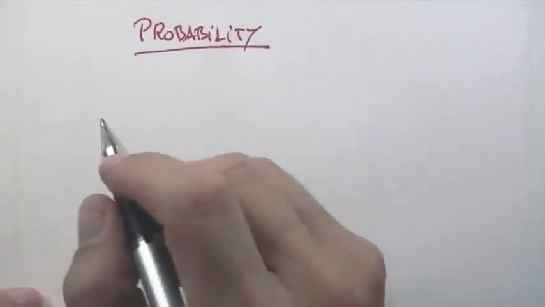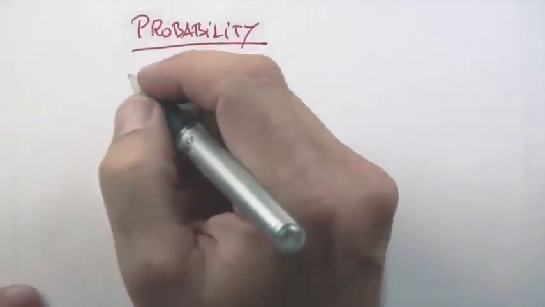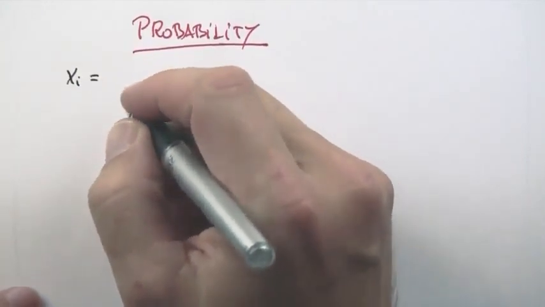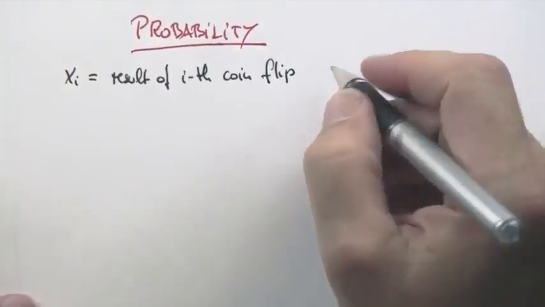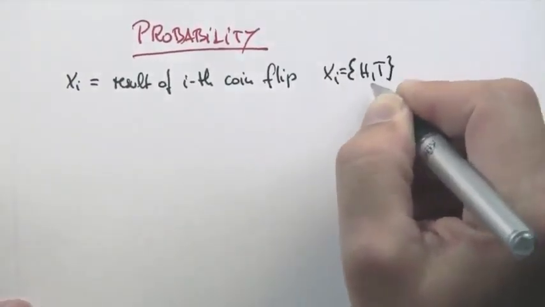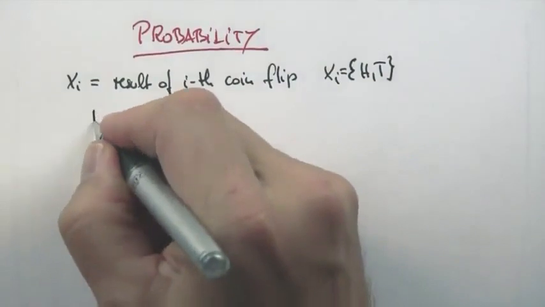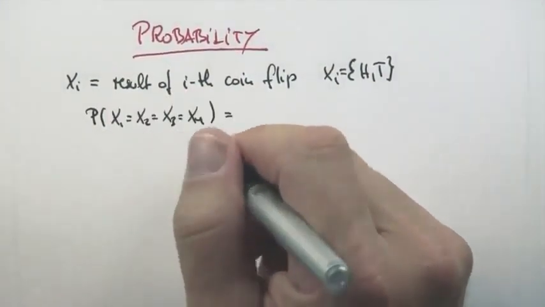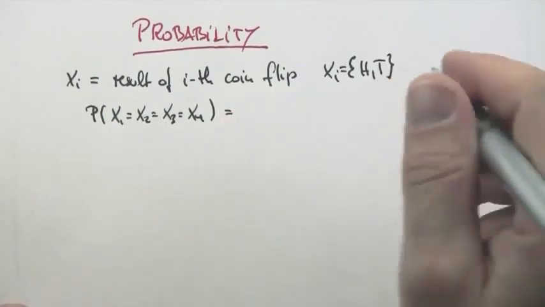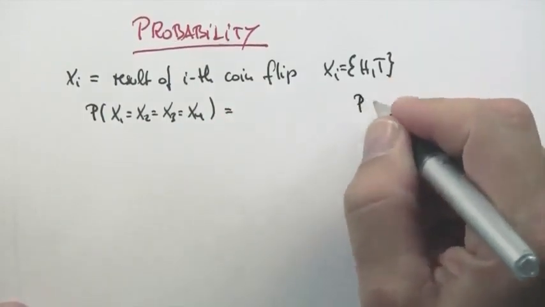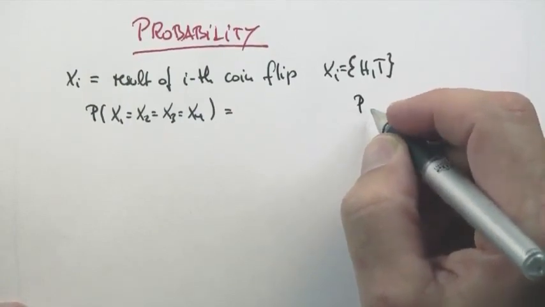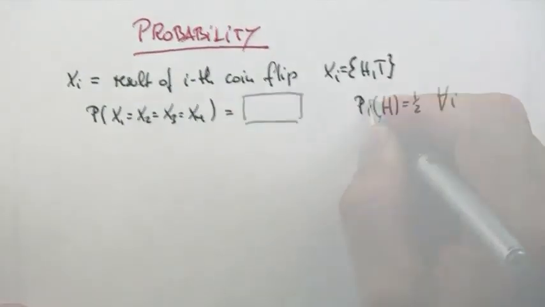Now let's flip the coin 4 times, and let's call Xi the result of the ith coin flip. So each Xi is going to be drawn from heads or tail. What's the probability that all 4 of those flips give us the same result, no matter what it is, assuming that each one of those has an identically distributed probability of coming up heads of a half?